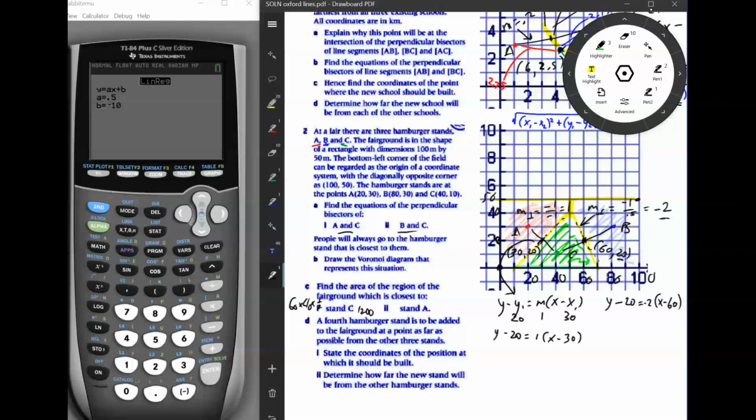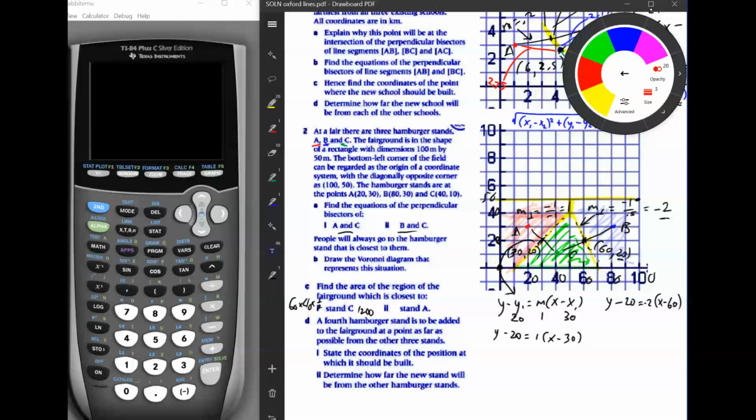What about stand A? Stand A, I think I'm going to divide this into two pieces. One of the pieces is going to be this triangle here. And then the other pieces, I'll just count the squares. Okay, so this triangle here has a base of 40 and a height of 40. If I multiply 40 times 40 times 1/2, it will be 1,600 divided by 2, which is 800.